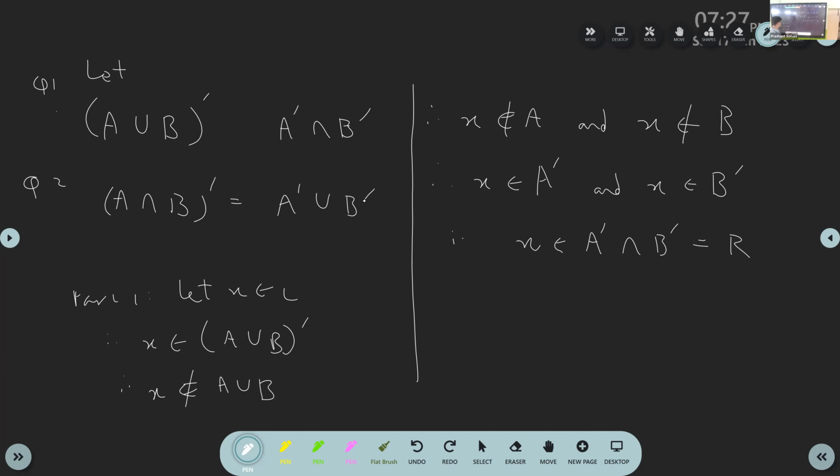Anybody? They are called De Morgan's laws. I have to find out who this person was. I think De Morgan was a mathematician. Sometimes they are also called De Morgan's theorems.